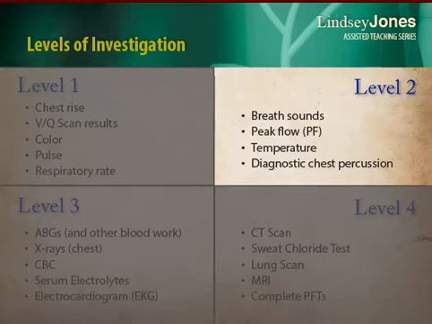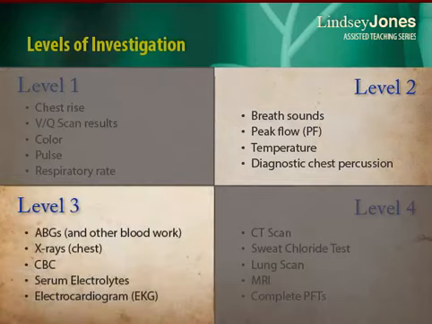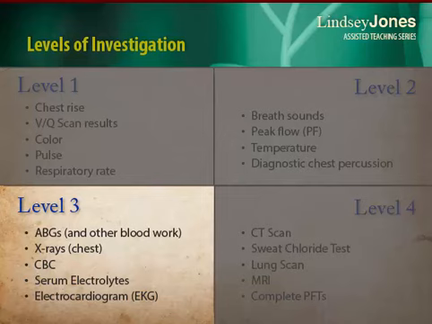Now let's take a look at Level 3 information. What do you see there? Well, first of all, can you see that the results in this category take a little bit of time? I mean, it may be as little as 10 minutes as in the case of an ABG, but it could take several days as it would with a culture and sensitivity. The point is, if you discover that the patient was in an emergent condition, for instance, if you walked into the patient's room and noted immediately that they had no chest movement or rise, you could conclude that they had no ventilation.